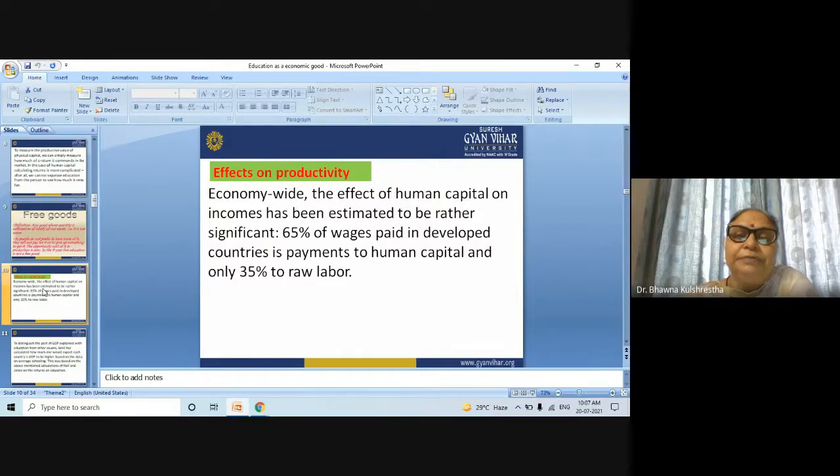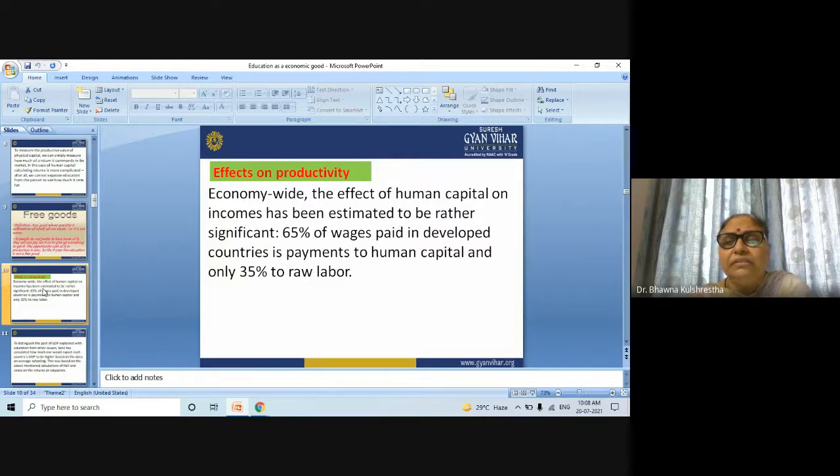Economy-wide, the effect of human capital on incomes has been estimated to be rather significant. 65% of wages paid in developed countries is payments to human capital, and only 35% to raw labor.